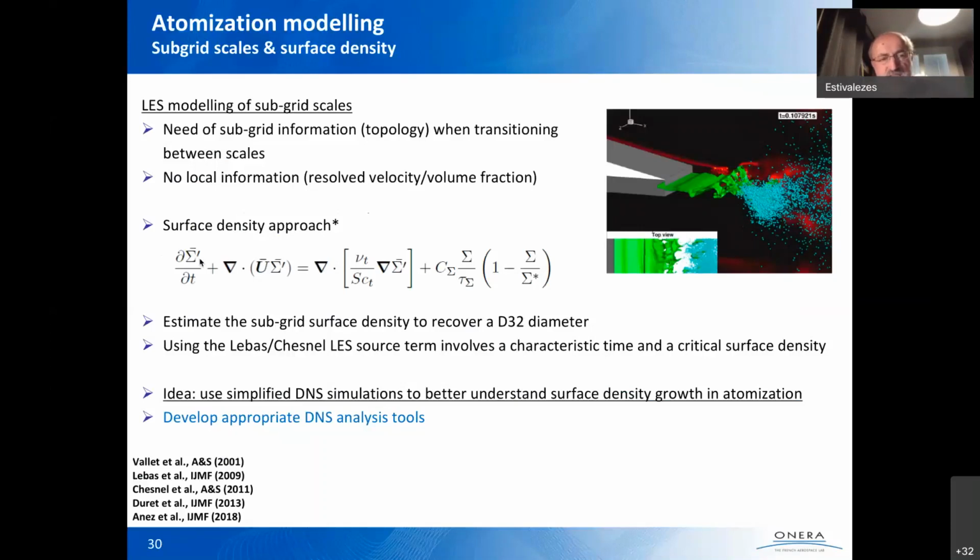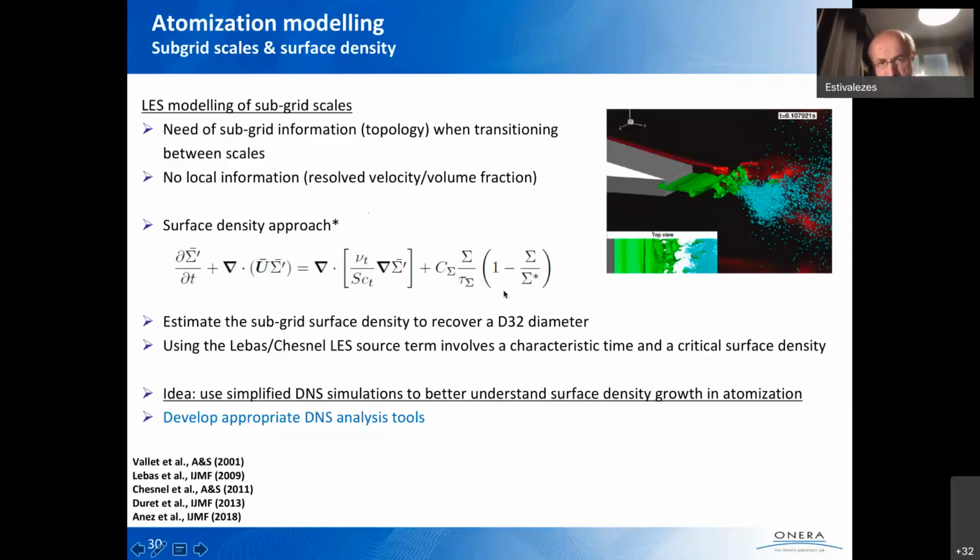The idea is to use this type of convection, diffusion equation, and the main part of the modeling focuses on this term, which is a source or sink term.